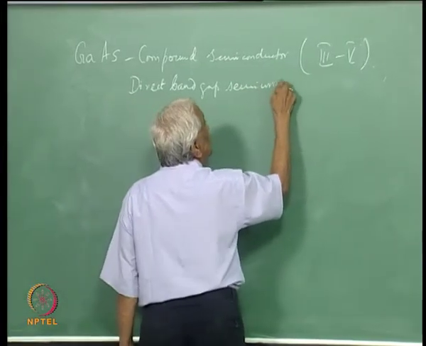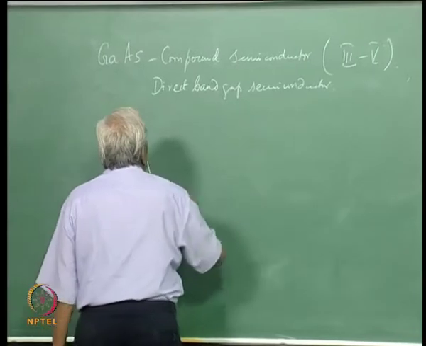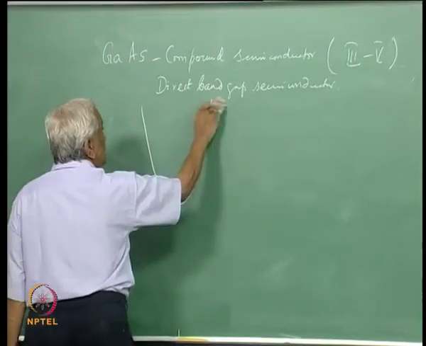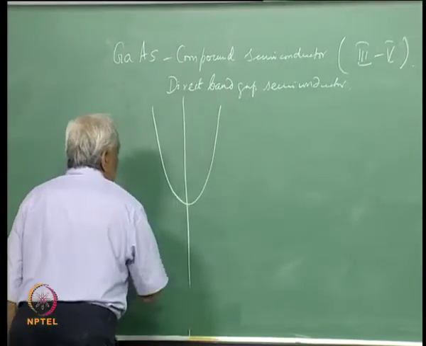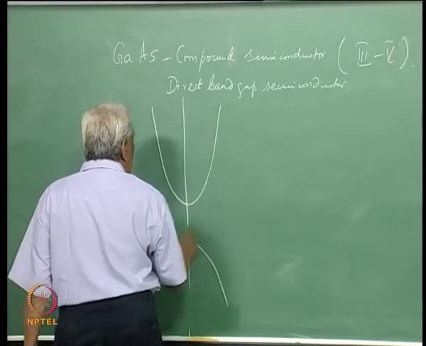Which means that the bottom of the conduction band and the top of the valence band lie exactly one above the other.